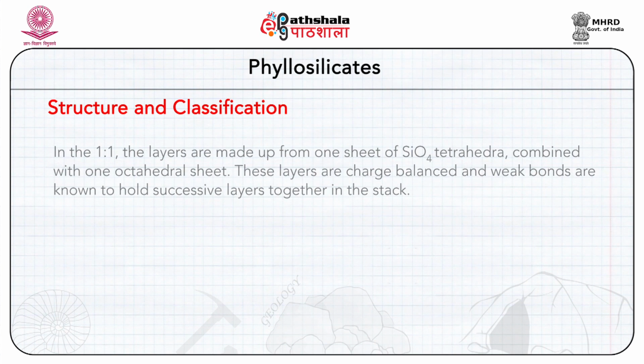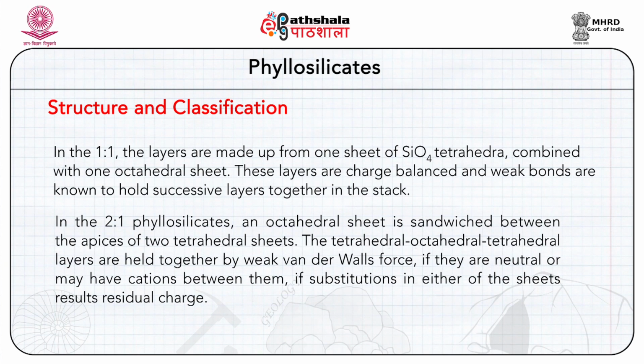Number 1, in the 1:1 group the layers are made up from one sheet of SiO4 tetrahedra combined with one octahedral sheet. These layers are charge balanced and weak bonds are known to hold successive layers together in the stack. In the 2:1 phyllosilicates, the second category, an octahedral sheet is sandwiched between the apices of two tetrahedral sheets.